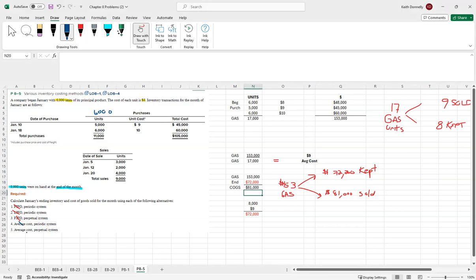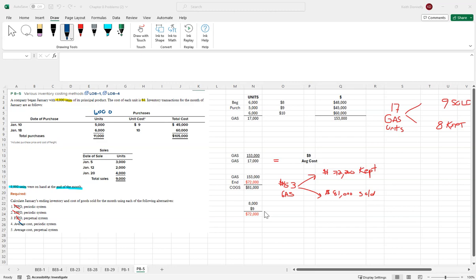Now, one of the things we're going to do here finally is weighted average for perpetual. Whenever we looked at FIFO, for example, it was the same overall whether you did perpetual or periodic. That won't necessarily be the case for weighted average perpetual, because the weighted average there is moving.